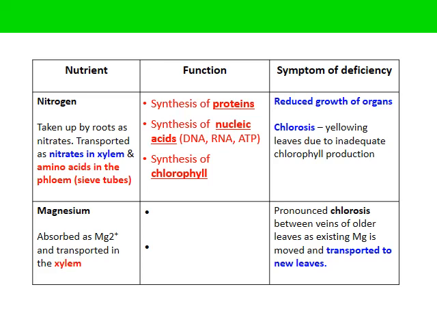If there's a lack of nitrate ions in the soil, we'll see chlorosis in the leaves, a yellowing of the leaf color, partly due to the lack of chlorophyll production. Magnesium is the ion that we find in the middle of the chlorophyll molecule. It's also needed to activate certain enzymes such as ATPase. So a lack of magnesium can have a knock-on effect on the ability of these enzymes to hydrolyze ATP.